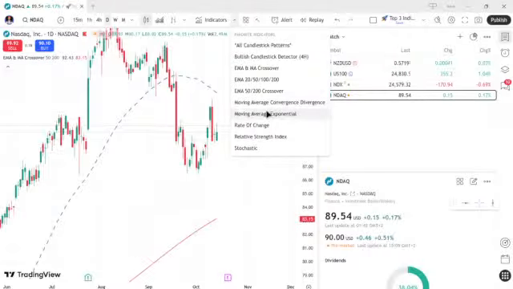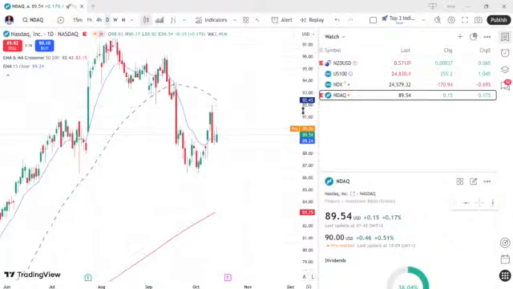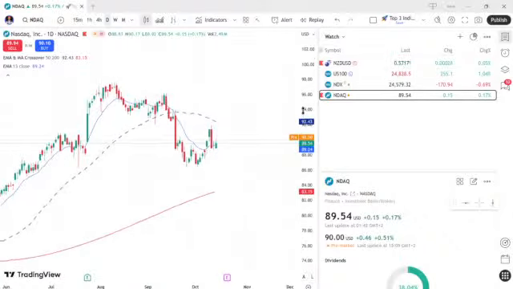The price is above the 13-day moving average, but it's below the 50-day moving average, right? So we are trading from the 13-day moving average support, but it's still below the 50-day moving average.